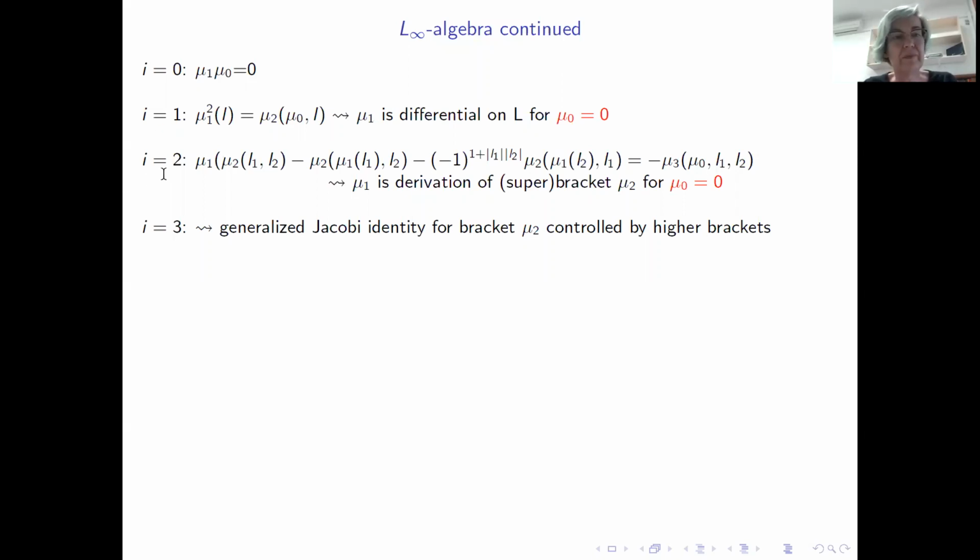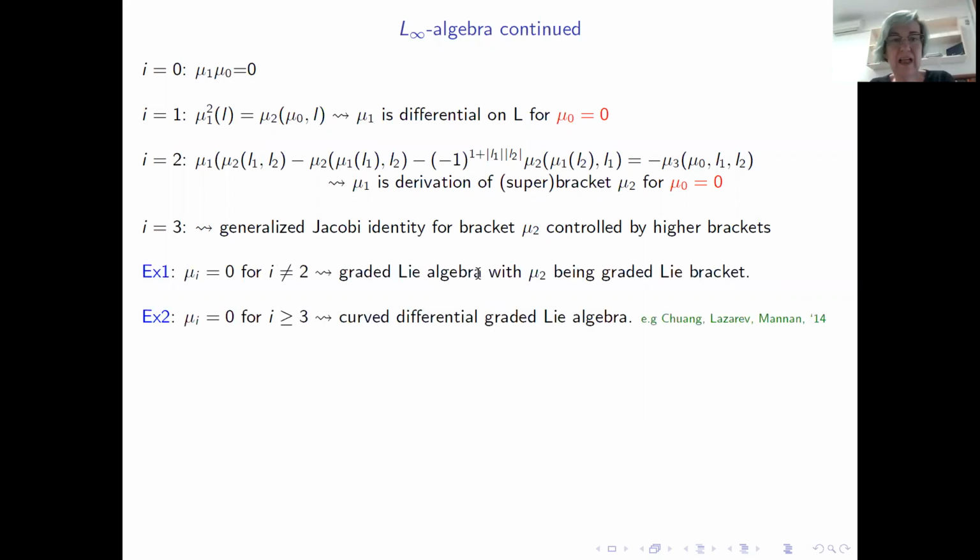If you take i equals 2, what you get in the absence of mu0, notice, is that mu1 is a derivation of the super bracket mu2. In general, however, you have an additional term coming from non-zero mu0, and then i equals 3 gives you the generalized Jacobi identity, and so on and so forth.